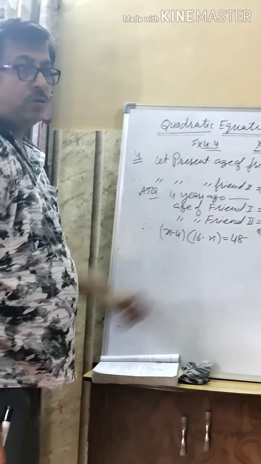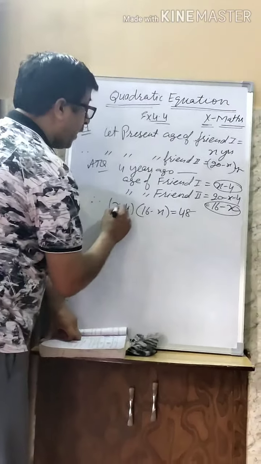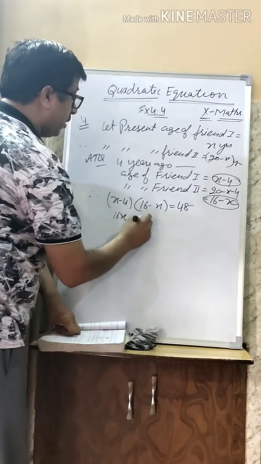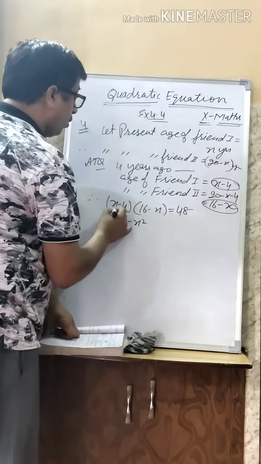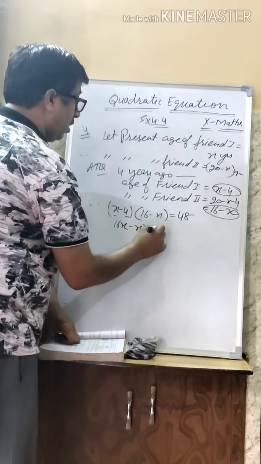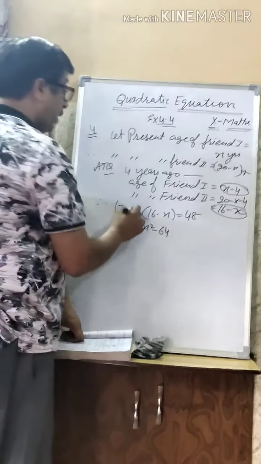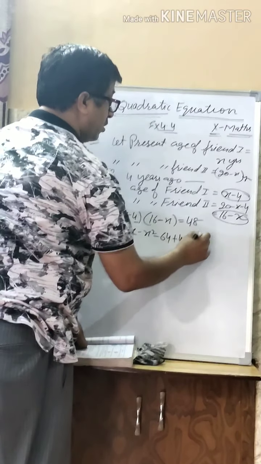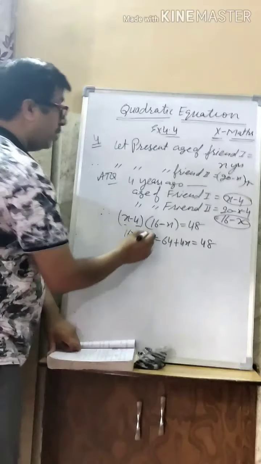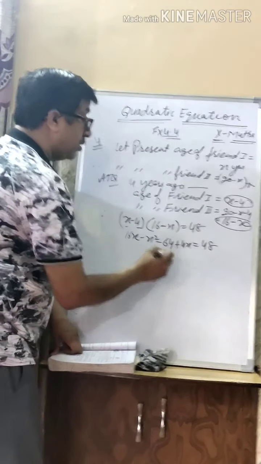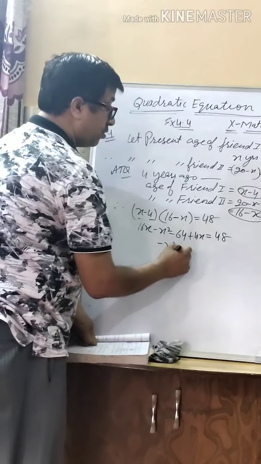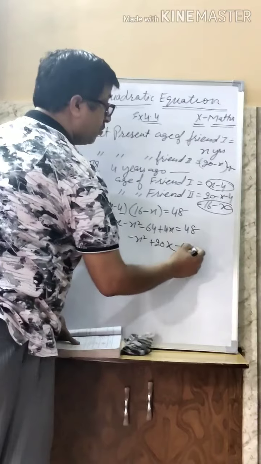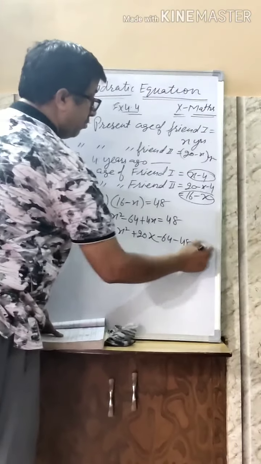Now you simplify the product. x into 16, 16x; x into minus x, minus x square; minus 4 into 16, minus 64; minus 4 into minus x, plus 4x; is equal to 48. Now 16x plus 4x is 20x, and minus 64, shift this side, minus 48.